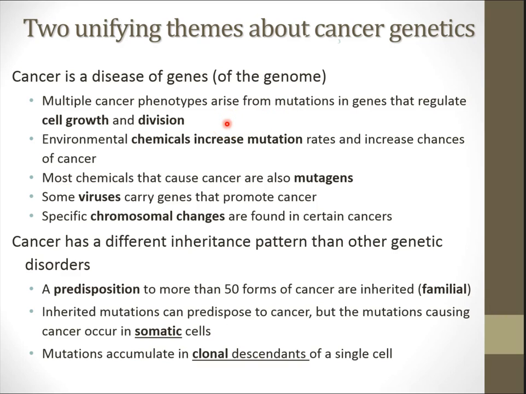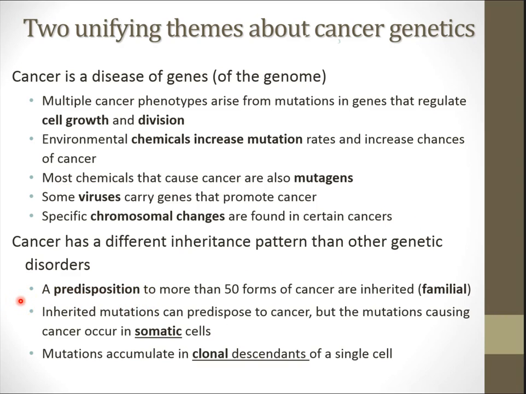These mutations usually arise by environmental exposures to chemicals that increase mutation rates. We call these chemicals mutagens. Some cancers are caused by viruses that carry genes that promote cancer. And then also we see in certain cancers unique chromosomal changes, including structural changes and changes in numbers of chromosomes.